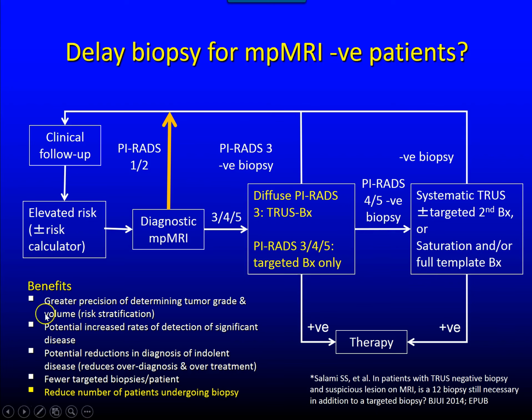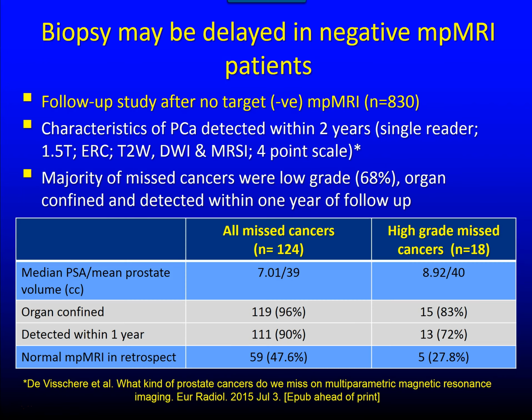Now, the question that arises is, what do we do with patients who have a negative MRI? In other words, how many patients with a negative MRI in fact harbor cancer? This is quite a difficult number to come up with.